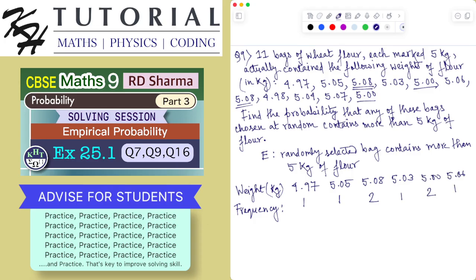I'm sorry, I'm running out of space. 5.07 we are having 1, and 5.08 we are having 1. So if I want to convert this given data into a frequency distribution table, this is how it will look.